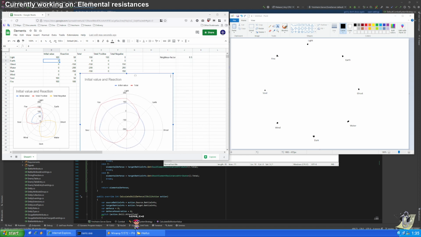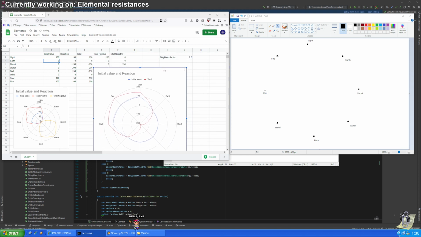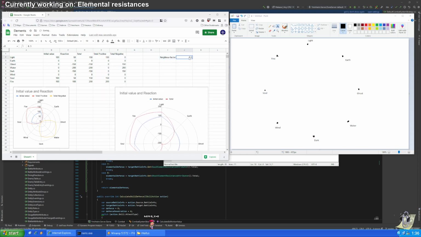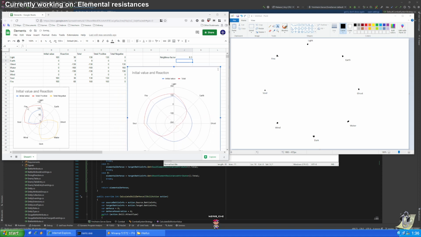Yes, so this is why I wanted a lower neighbor factor. So if I put it to 0.3, this is going to be much better, because now each neighbor is going to contribute less. Actually, even 0.3 is too much. 0.25 I think is better.